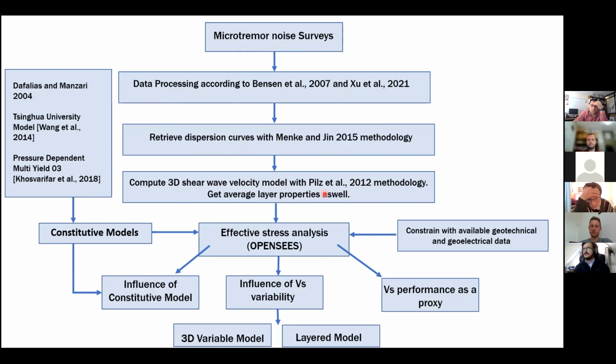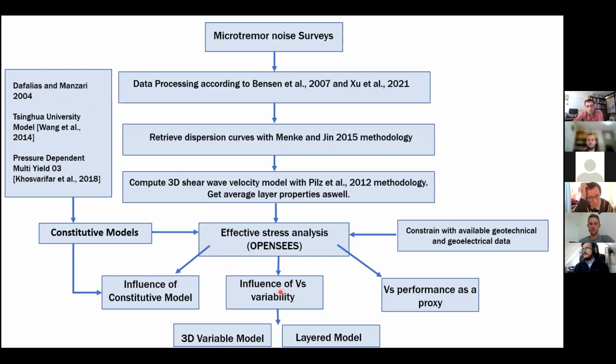And then with this, we perform an effective stress analysis in the OpenSees finite element software. This is an open source software that's really used in geotechnical engineering applications. With this, we can assess the influence of the constitutive models, and we can also test different constitutive models, such as the three we have here.